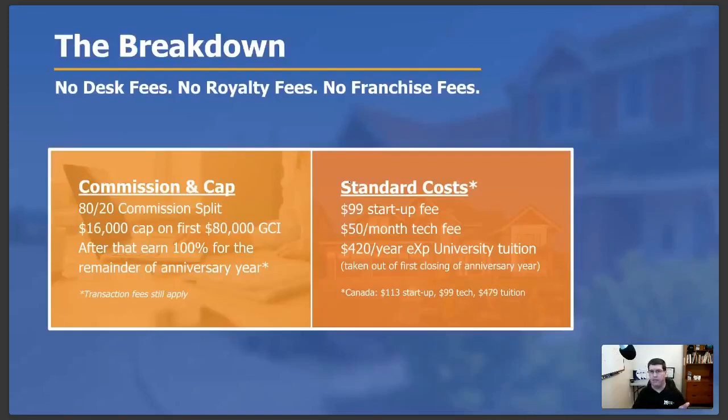These are the two big areas that I have on the screen: commission structure plus cap. So this one is a commission and a cap. Some of them are commission and no cap. They're different splits, but there's no cap, so you pay it forever.